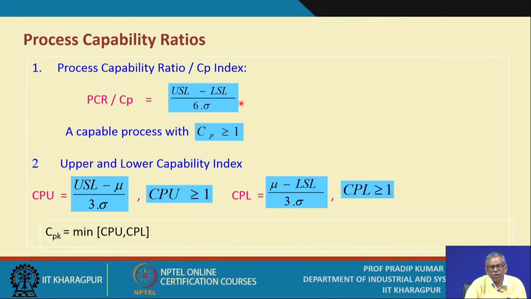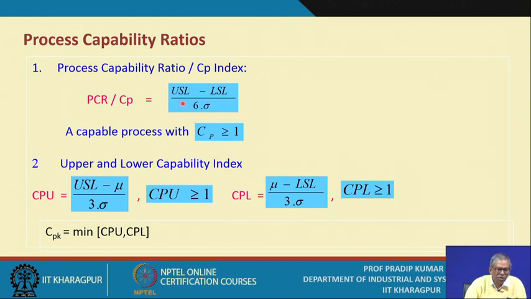Whereas for the lower specification limit case, like the tensile strength of a particular material, it must be at least 3000 kg per, say, whatever the unit may be, square centimeter or square millimeter. So, that is the minimum value specified. Any value greater than this minimum is acceptable to you. So, that is a lower specification limit case.